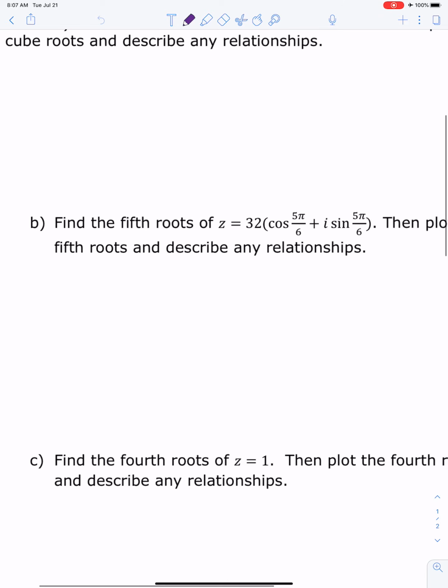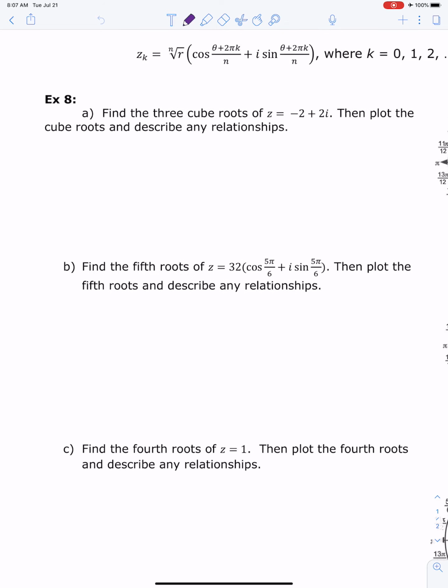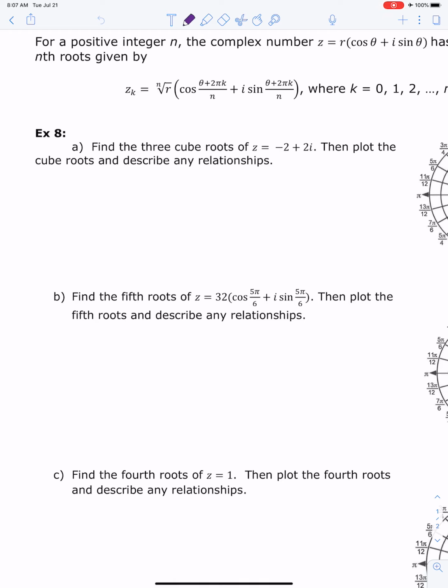Okay, so example 8a. We want the 3 cube roots of z equals negative 2 plus 2i. Notice it is not in polar form. It's not in the form I want. So I need to start by rewriting this in polar form. So r is going to be the square root of negative 2 squared plus 2 squared, which is the square root of 4 plus 4, square root of 8, which for now I'm going to leave that way.